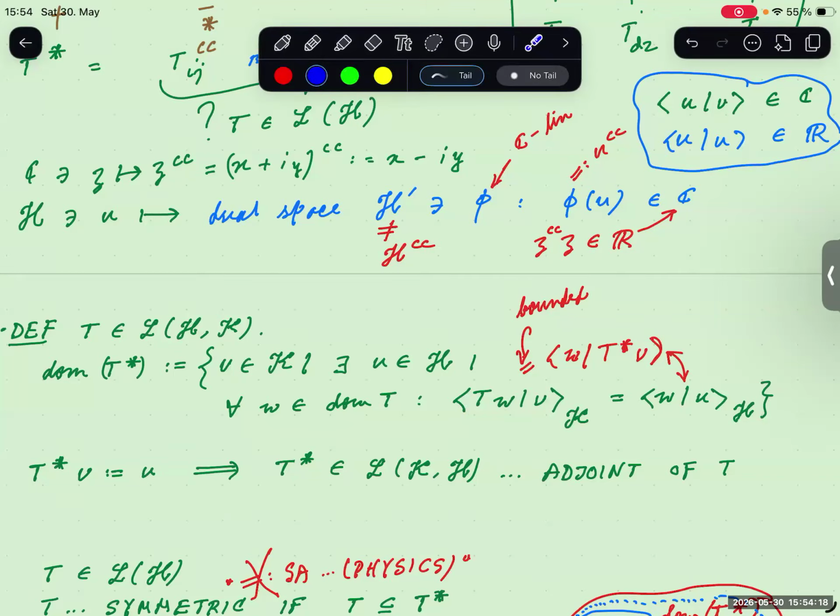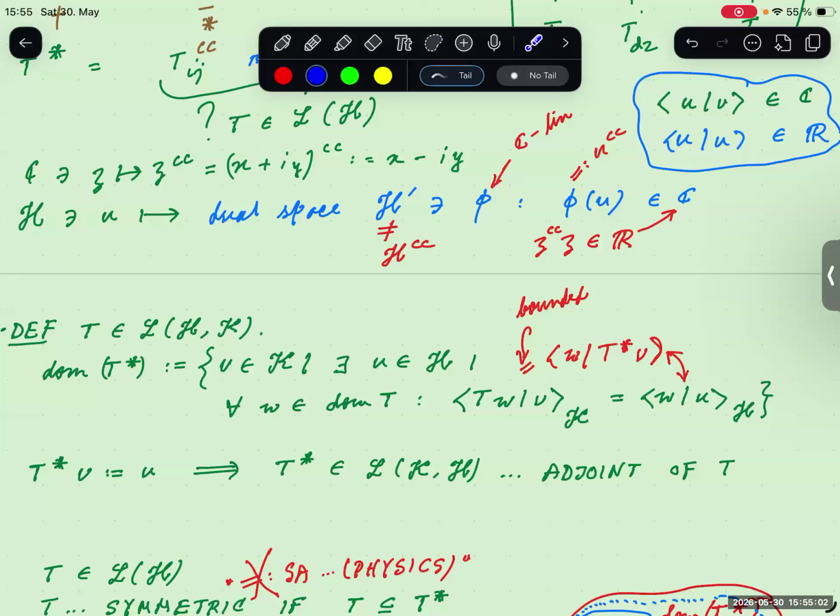We do not know the range of TW. We know just that this is an element in K. Then what we do is take the inner product, because it's in K, and now we want to mimic this structure. So this tells us that the adjoint of this operator T, if it acts on V, should give exactly the same thing as that object acting on W. And that is what is written here.